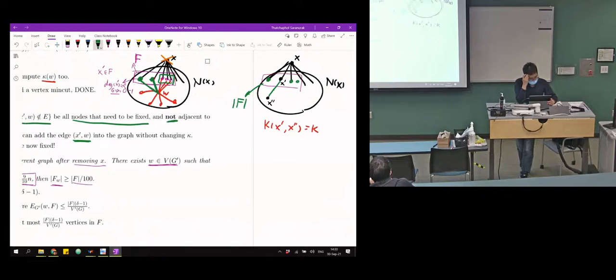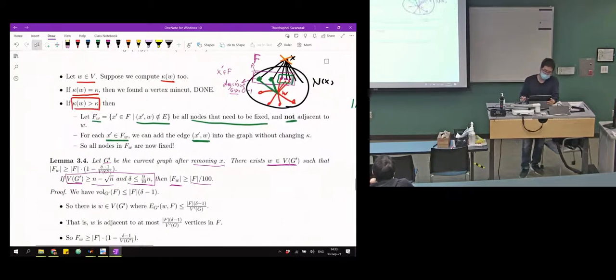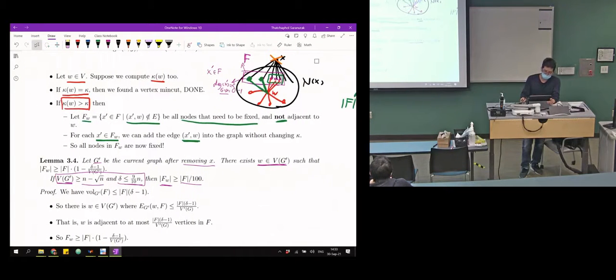So, I see. But we need this lemma because there is a faster algorithm for single source max flow, and they do it this way in this paper. In that case, you can take a larger beta.